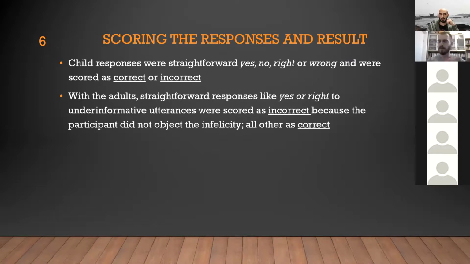Therefore the adult participants weren't able to give indirect answers. So here, the straightforward response, yes or right to underinformative utterances, which means they accept that this is true, was scored as incorrect because the participant did not object to the infelicity.